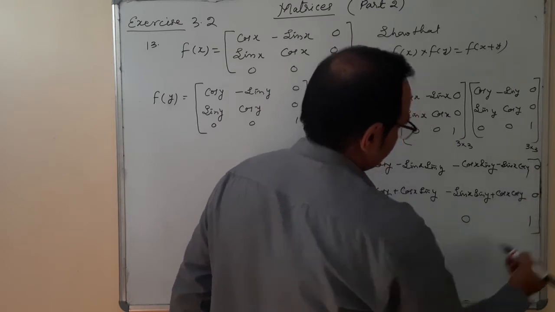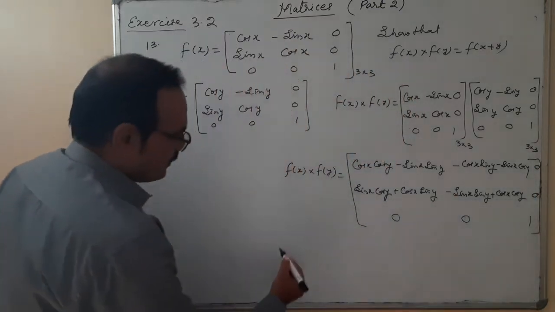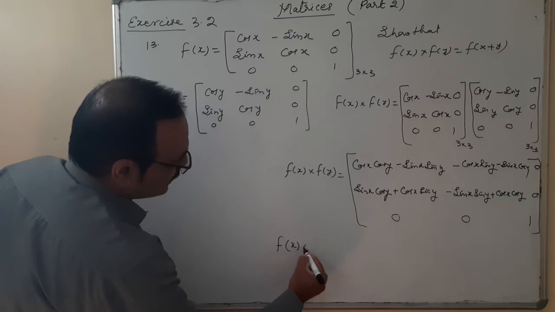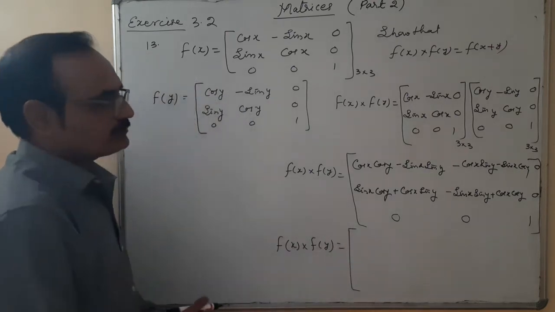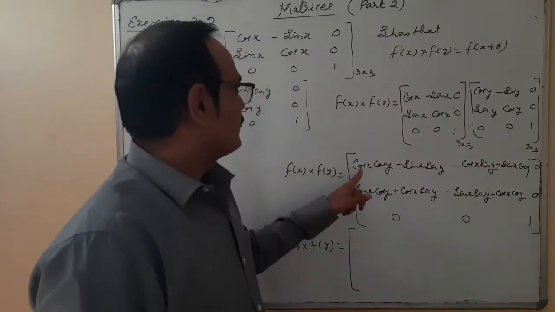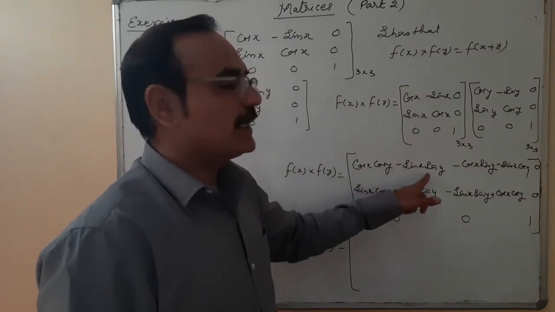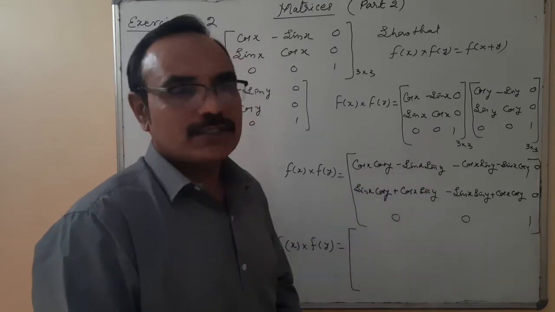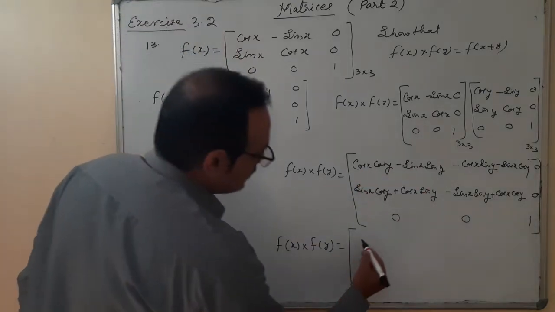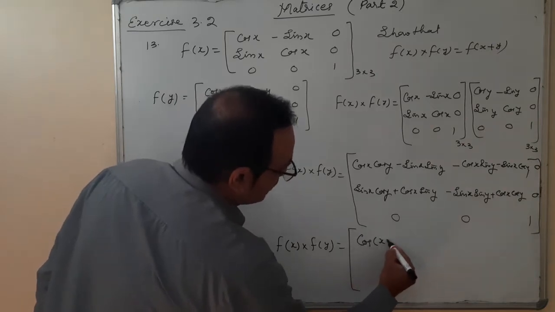So f of x into f of y is equal to cos x cos y minus sin x sin y. The formula of cos a cos b minus sin a sin b is cos of a plus b. So it is cos of x plus y.